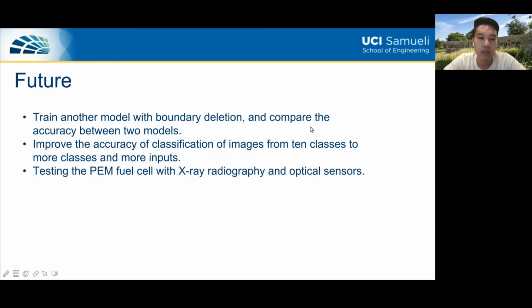We also want to improve the classification of images from 10 classes to more classes to see how it works. And testing the PEM fuel cells with X-ray radiography and optical sensors is also considered as future work.